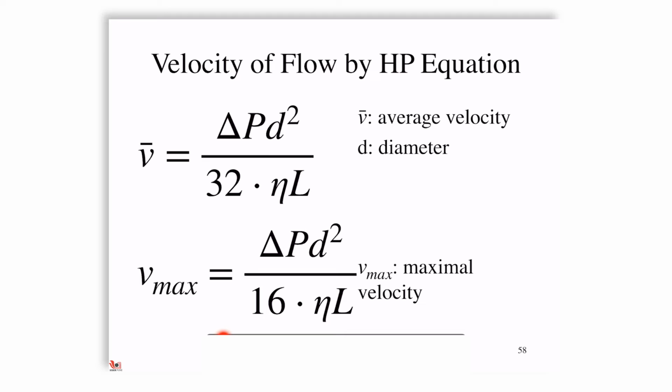What I mean by what does it mean is that supposing we increase the diameter of the pipe by a factor of 2, it implies that the average velocity increases by a factor of 4. If we increase it by a factor of 3, by a factor of 9, 10, by a factor of 100.